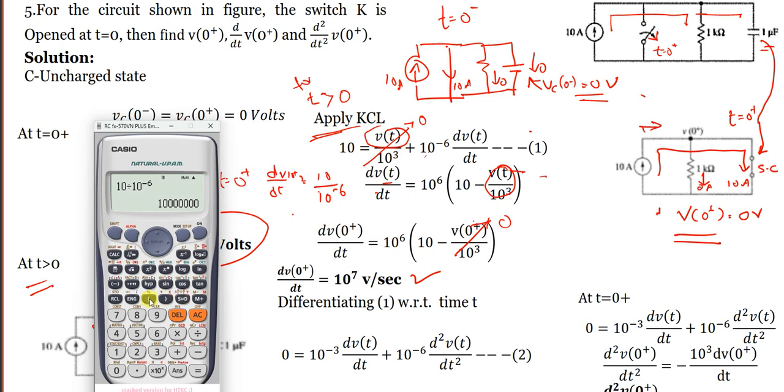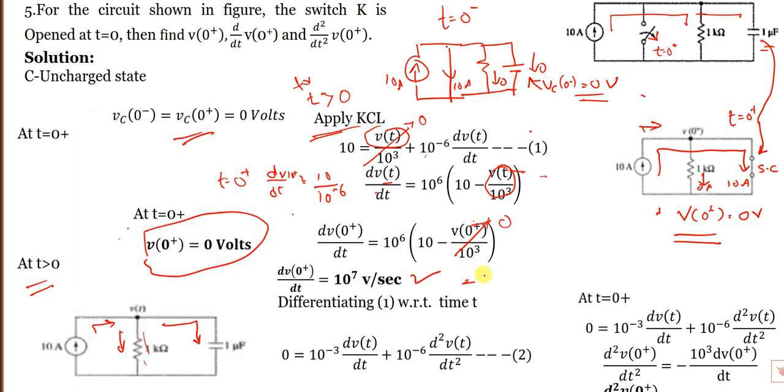We'll press the ENG button. So 10 into 10 power 6 is equal to 10 power 7, or you can keep it as 10 into 10 power 6 only. Press the ENG button and write it like that. It is equal to 10 into 10 power 6 volts per second.